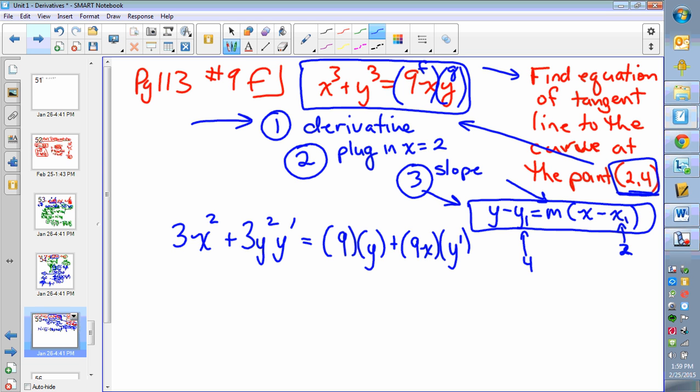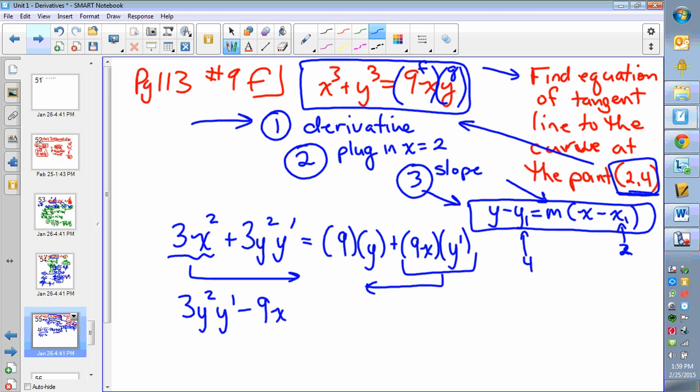So, like the last question, y primes to the left, non-y primes to the right, and you will get 3y squared y prime minus 9x y prime equals 9y minus 3x squared.